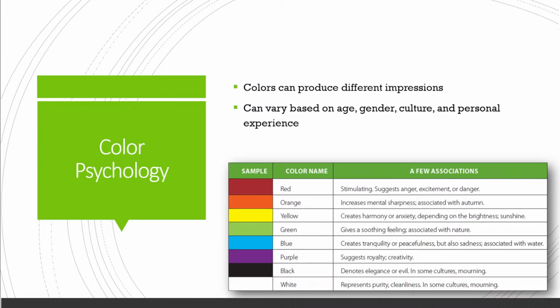If you have a real dull yellow, some people don't really vibe with that. A nice bright one could be sunshine. Green: soothing and nature. Blue is tranquility, peacefulness, also productivity, right? Which is why Microsoft Word is blue. Purple suggests royalty or creativity, right?